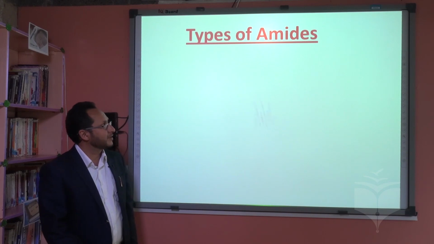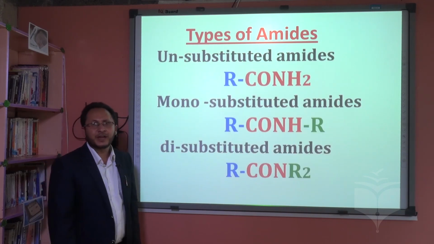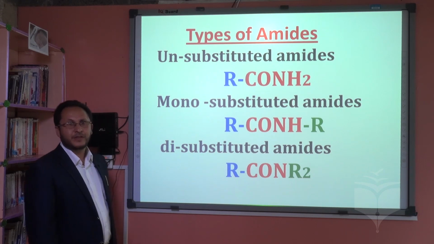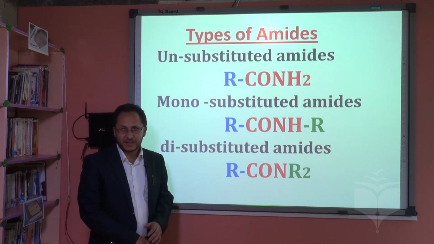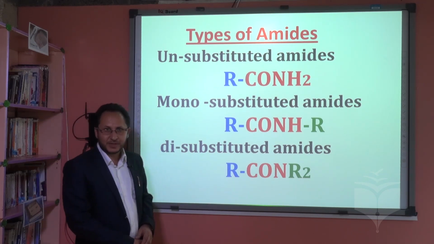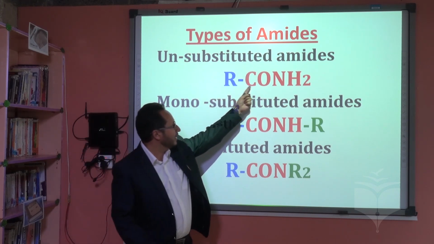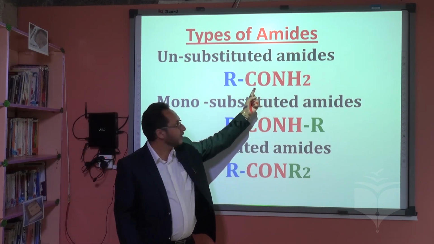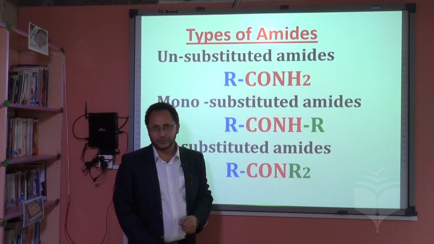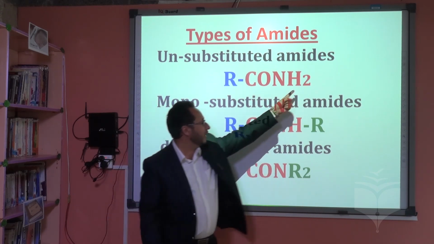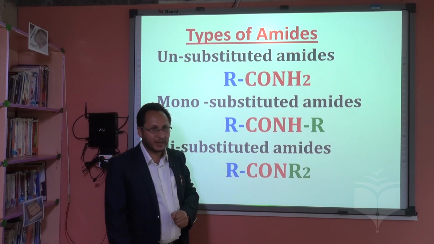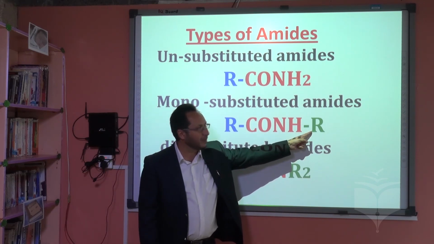First, types of amides. We have three classes of amides. The first one is unsubstituted amide, RCONH2 or C double bond O NH2.